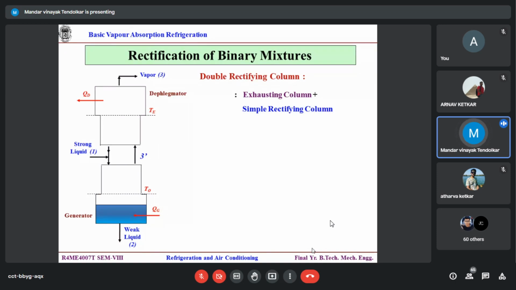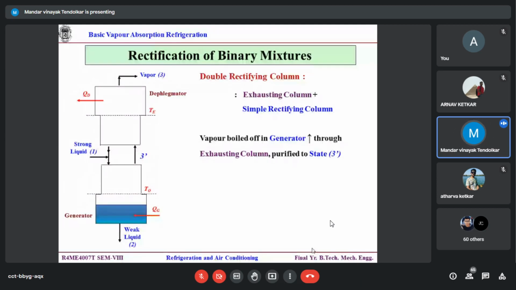So the upper part, we call it the exhausting column, and the simple rectifying column is as it is over here. So the vapor boiled off in the generator goes in the upward direction through the exhausting column, the lower one, till purified to the value of the state 3' at the entry itself.